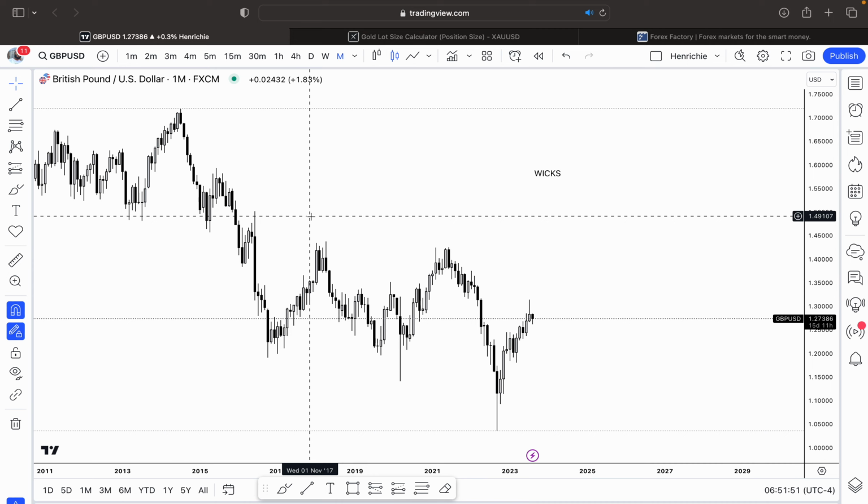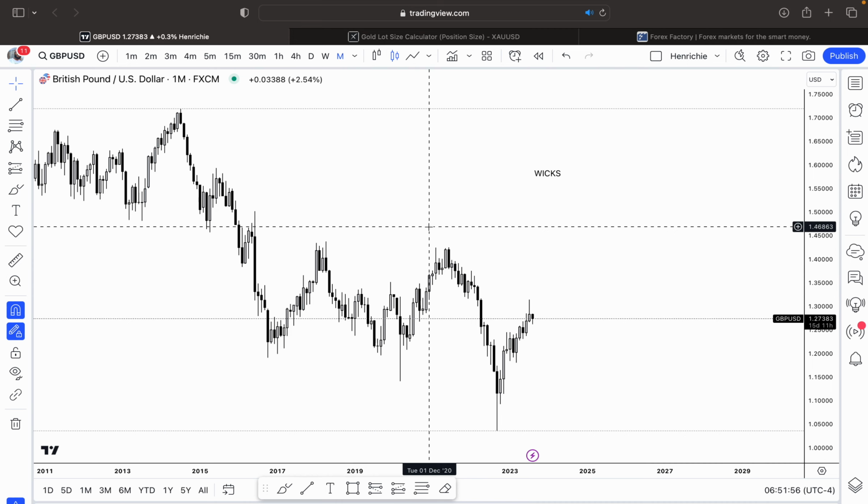Now understanding the price movements, what the price is going to do, what the price has done, is basically you understanding the candlesticks and the wicks. What is the market doing? Where is it reaching to?